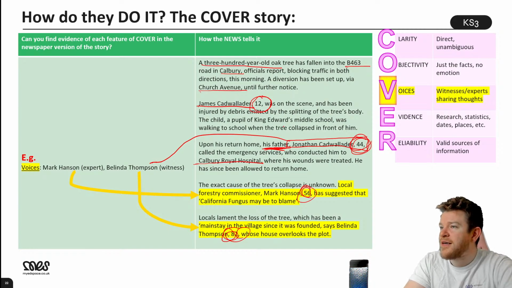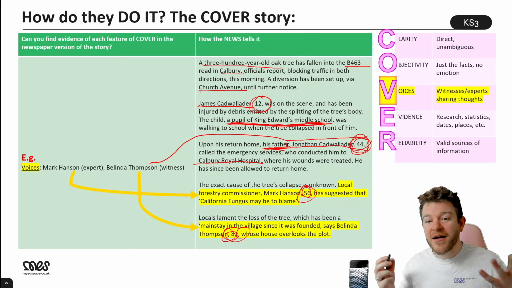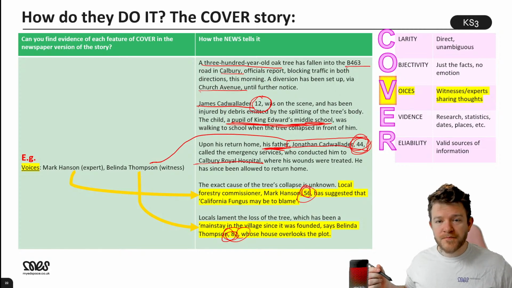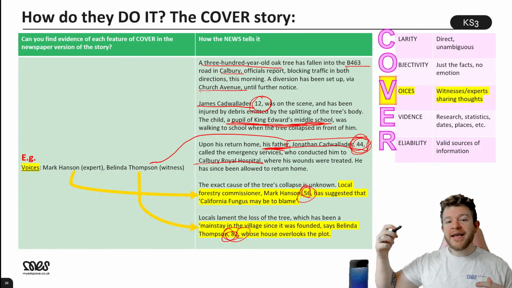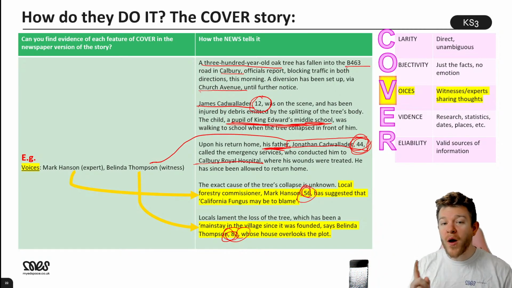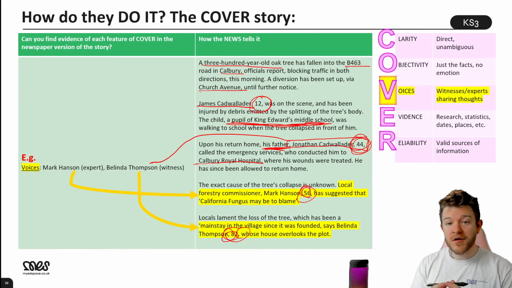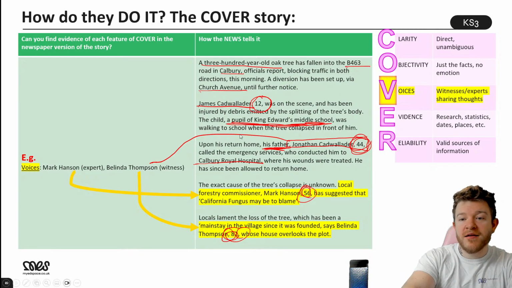We've got the child, a pupil of King Edward's Middle School, so we find out who he is. What happened to them after? I don't know, it's a made up story. There you go. So I can't possibly tell you. But you can see that cover is how we get all of these ideas across. But wait, there is more, because we can dig under the covers to find out what is going on with the language.